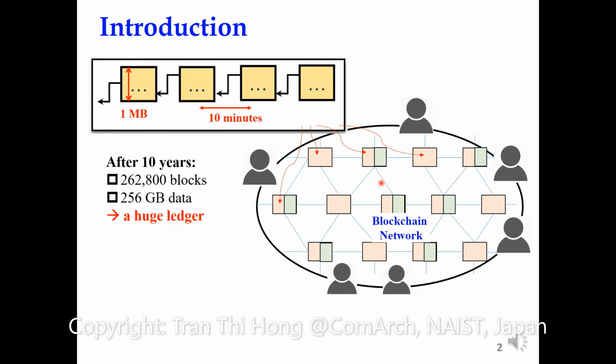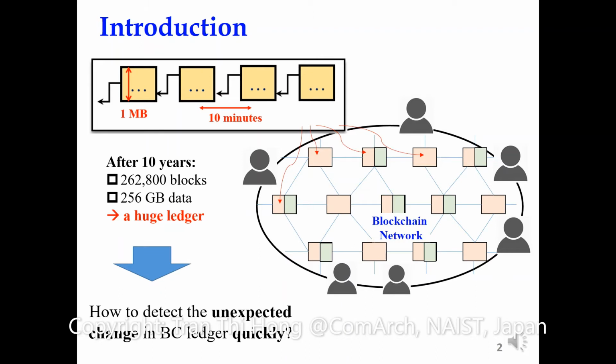This is a huge ledger, and the nodes must store this huge amount of data, 256 gigabytes. So how can it detect whether there is any modification, any unexpected change of the data in the blockchain or not? That's a big problem.